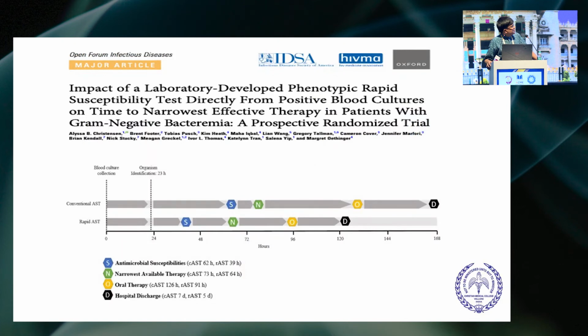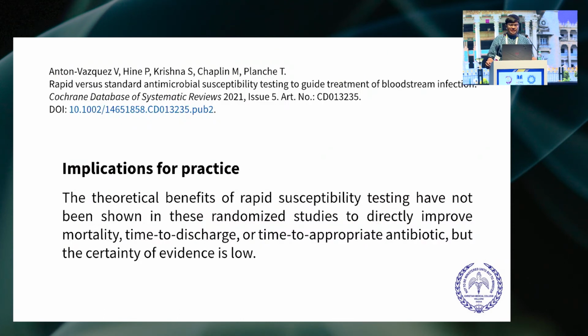Here is another study which shows that if you use the rapid AST, you de-escalate, change the antibiotics, and change to oral antibiotics much quicker than with the conventional method. Cochrane did a review which did not show any evidence for the use of these rapid tests, but with more evidence coming into the literature, we will find that it may be useful.